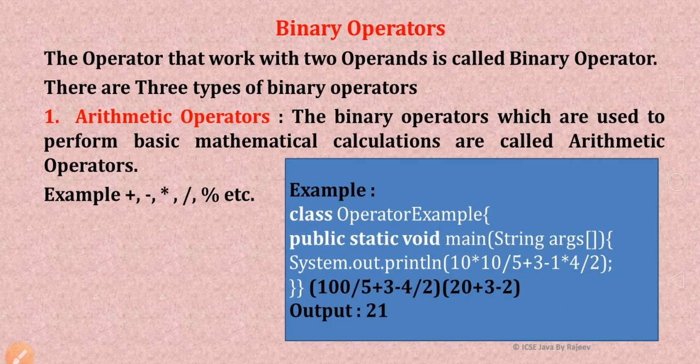So 100 by 5 is 20, plus 3, minus 4 by 2, which is 2. So 20 plus 3 minus 2, and the output will be 21. These operators are evaluated in an order that you will understand in the operator precedence concept.